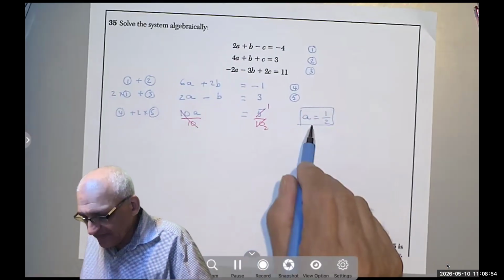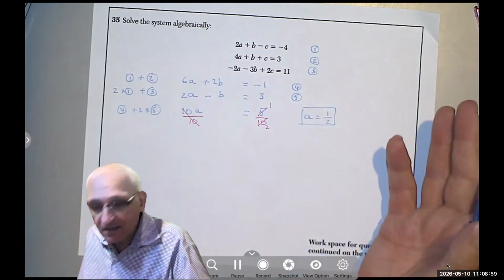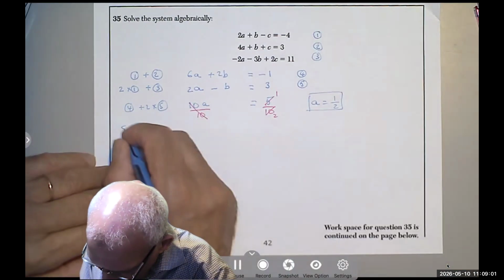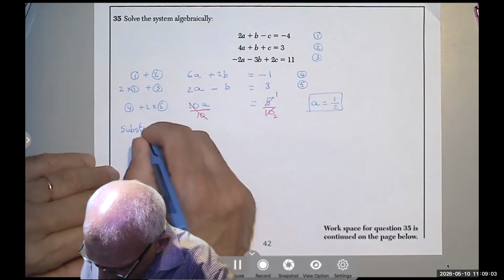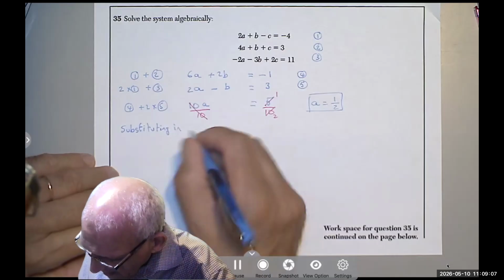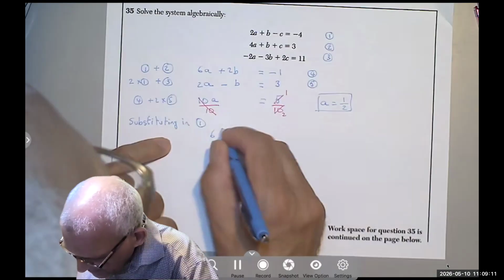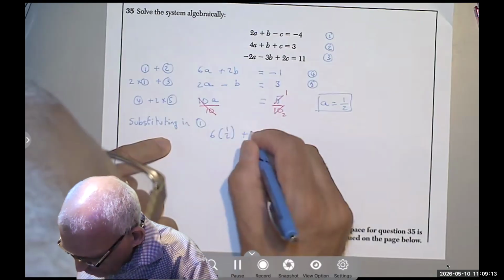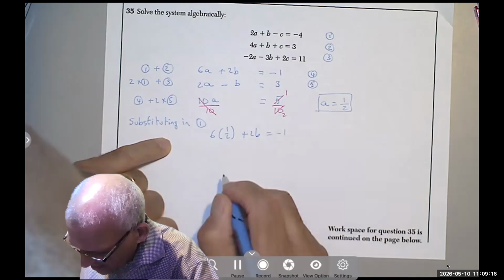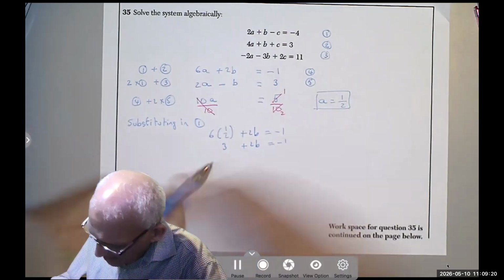Now, since I have a, I can substitute in one of these two equations to find b, right? So I'm going to say substituting in, say, 1, I get 6 times 1/2 plus 2b equals negative 1. 3 plus 2b equals negative 1.